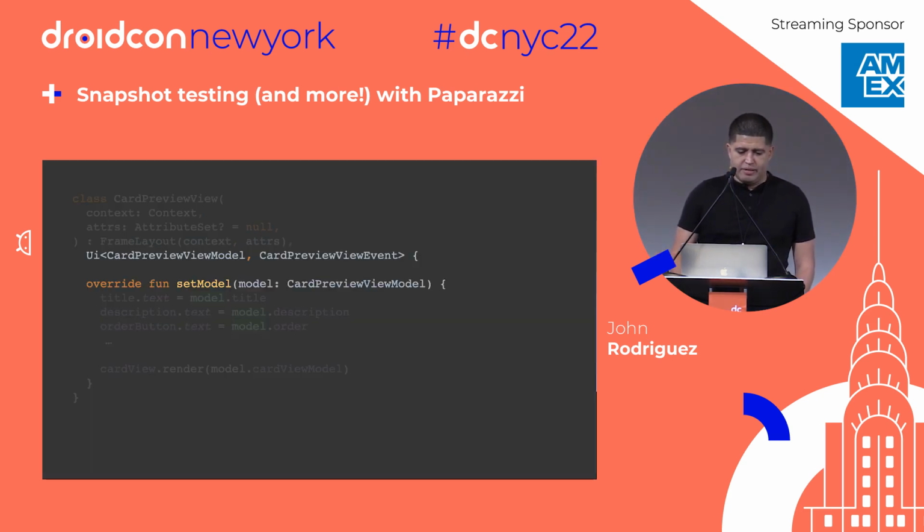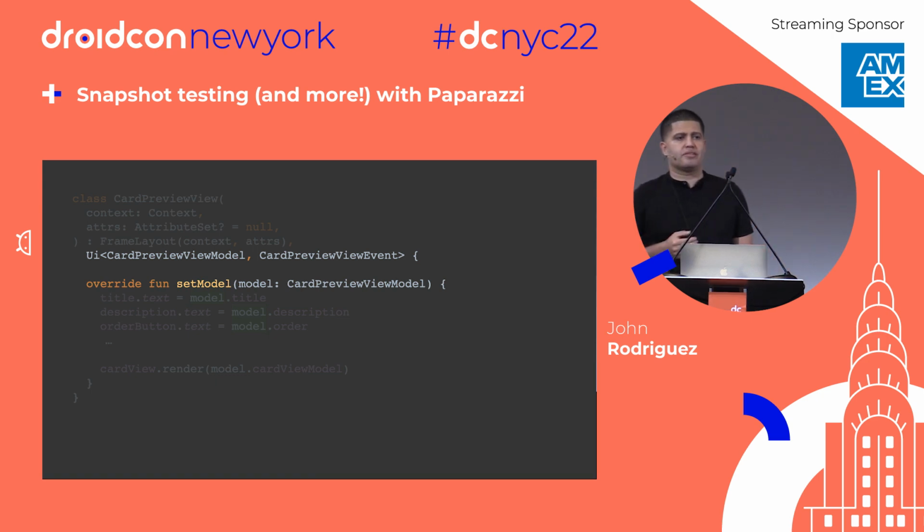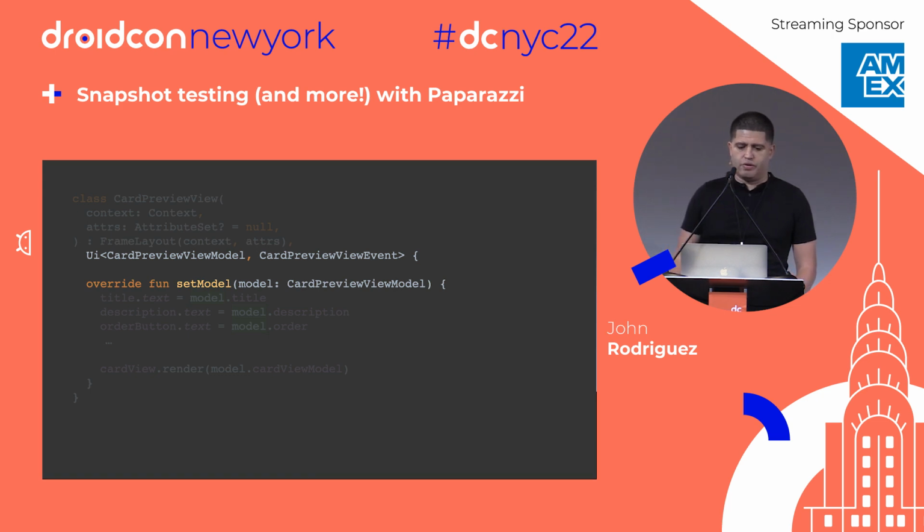But going with that idea, if you subscribe to the concept of having your presenter logic and view logic separated, which why wouldn't you, it turns out it makes your Paparazzi tests even more pleasant to write. You don't have to worry about Rx schedulers or coroutine flows or what have you, however you implement it. Instead, your view becomes the basic view that it really should have been to begin with.